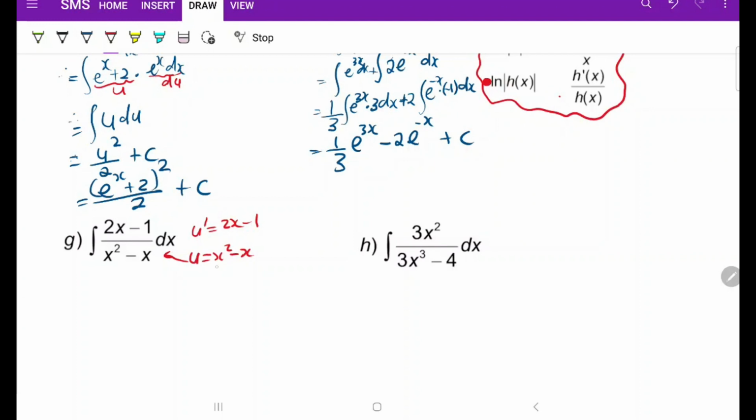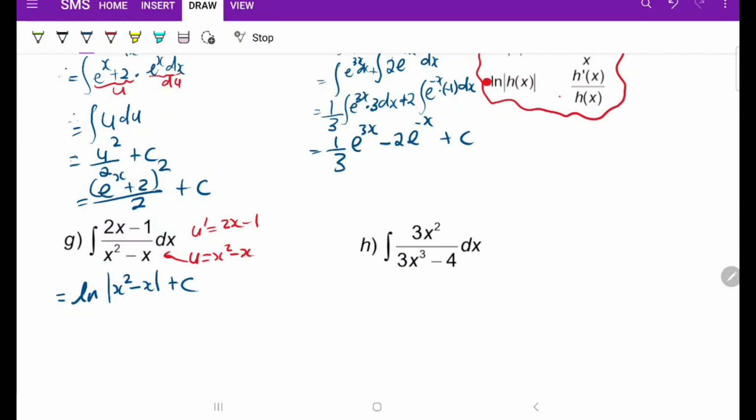I have u in the denominator and its derivative in the numerator, and therefore this integral simply becomes the ln of the function in the denominator plus our constant of integration. This does make our lives a little bit simpler.